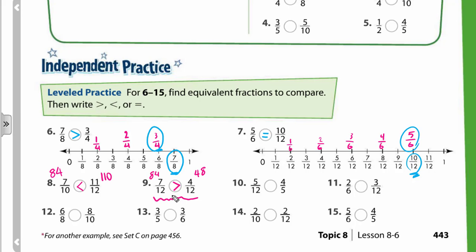So the denominator is the same, and it's the total. And the 4 is still out and the numerator still out. That means the 7 is more than the other. I like your answer, Muhammad. You are a hero. Thank you, Muhammad.